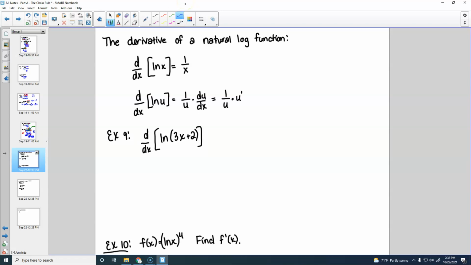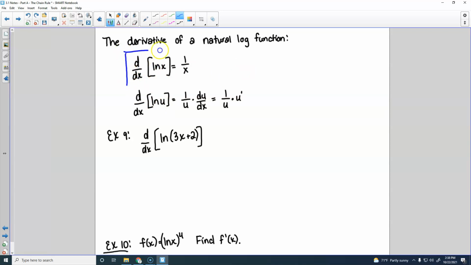This is calculus. All right, so you can copy this down if you want, but these should be ones that you already know. We are primarily going to focus on natural log of x. Okay.